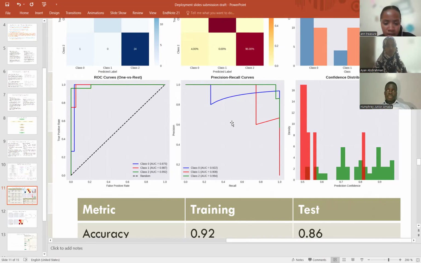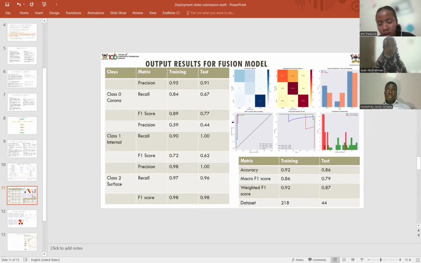So with the precision and recall, of course, we see class 1 and class 0 having a bit of a struggle, but class 2 is doing well. So overall, we had a training accuracy of 92 and a test accuracy of 86%, which is expected since this is unseen data and shows that there is still room for improvement.